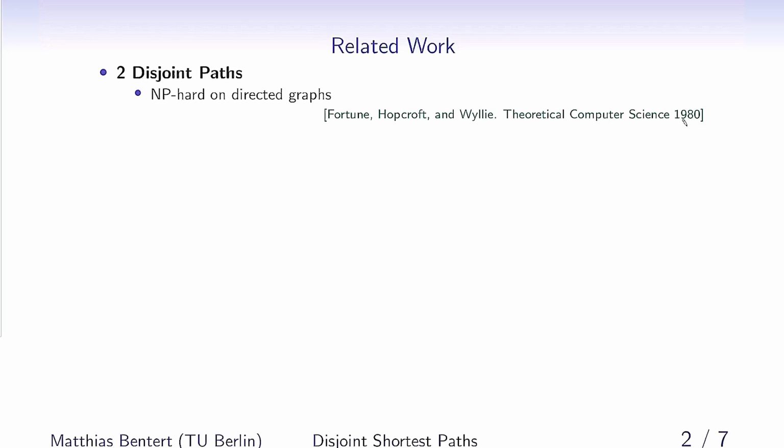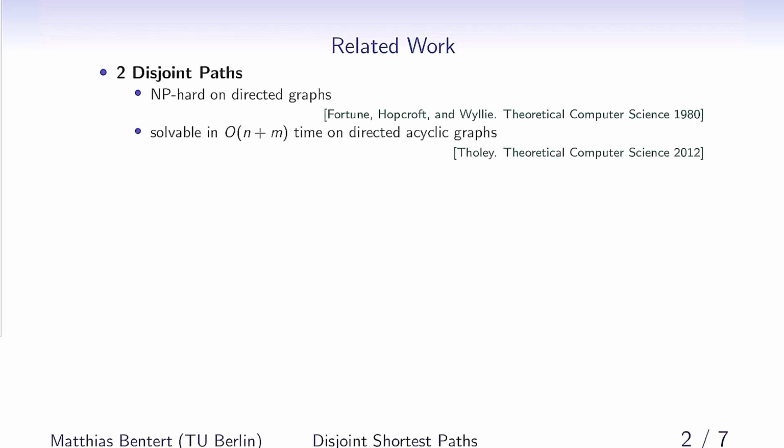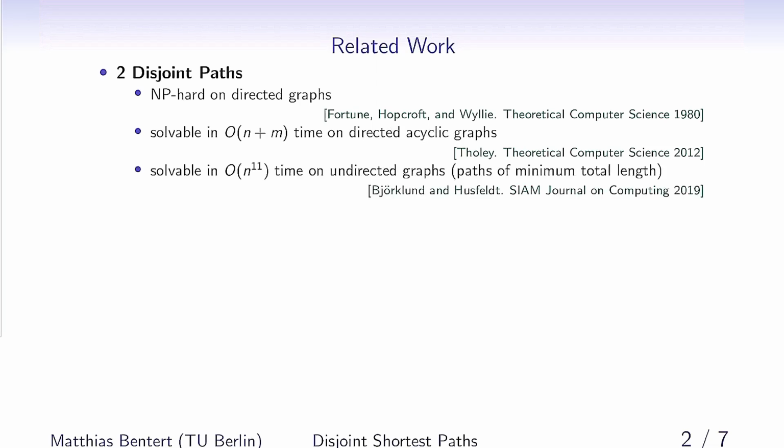And it was already proven in 1980 that this is NP-hard on directed graphs. And rather recently it was shown that it's linear time solvable on directed acyclic graphs, and for undirected graphs it's polynomial time solvable, and we can even find paths of minimal total length. So the sum of the 2 path lengths.